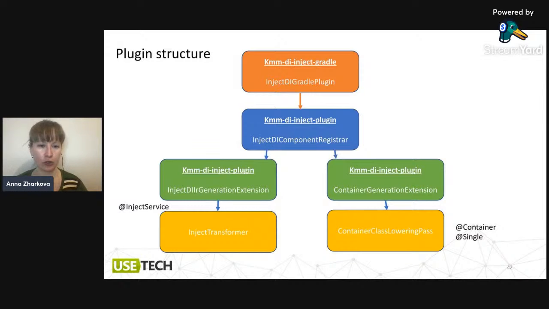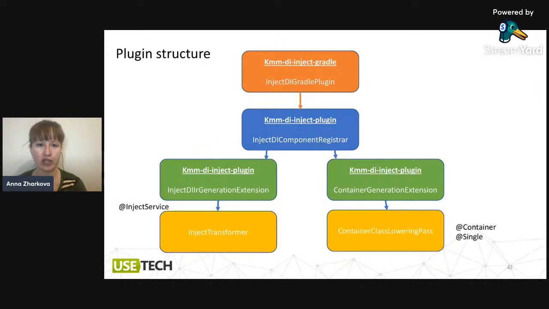The first extension will work with transformation because we will use some kind of transformation to add some information to existing declarations. And the second one will use lowering technology because we will generate non-existent code and add it to an existing file, but without modification of bodies.